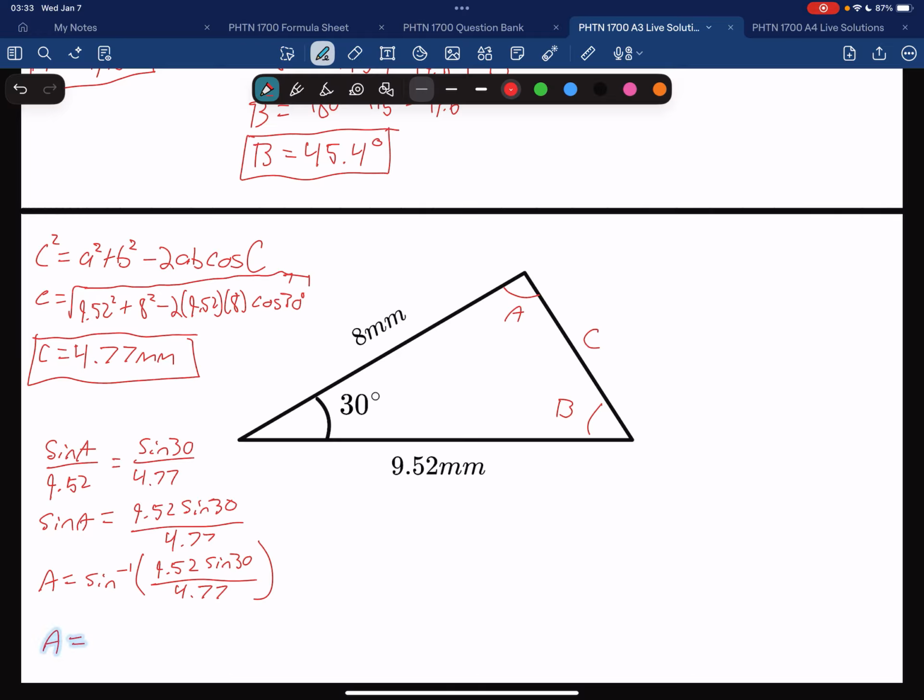Then I'm going to open a bracket, and I'm going to hit 9.52 times sine 30 divided by 4.77, and now I'm going to close the bracket. Now I hit equals. And I got 86. Let's call that 0.3.